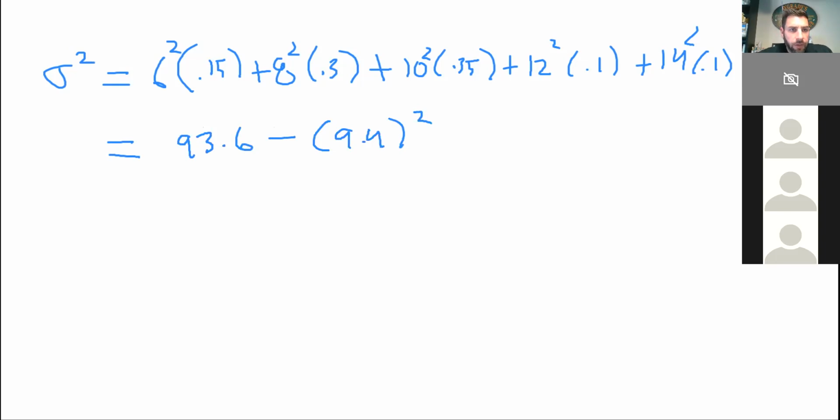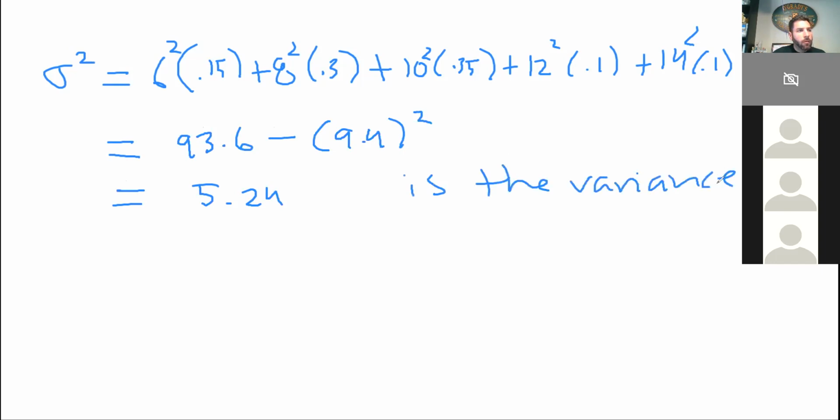If someone gets a different number, please, by all means, let me know. If you do that, you get 5.24. So this is the variance. And then the standard deviation is equal to the square root of that.